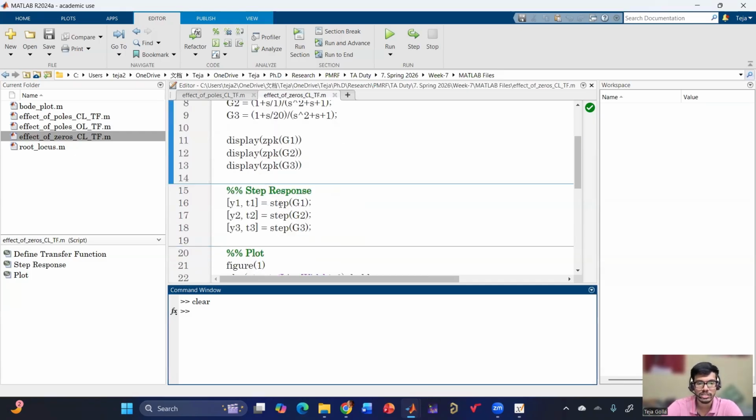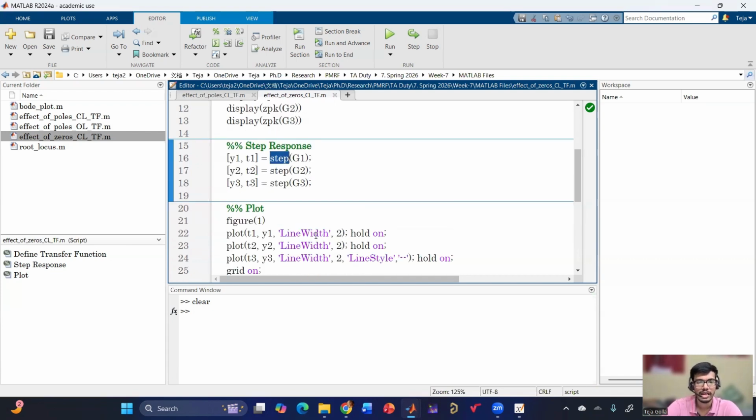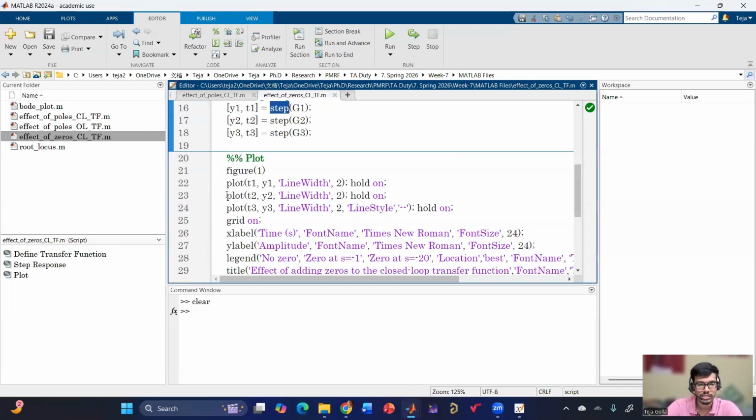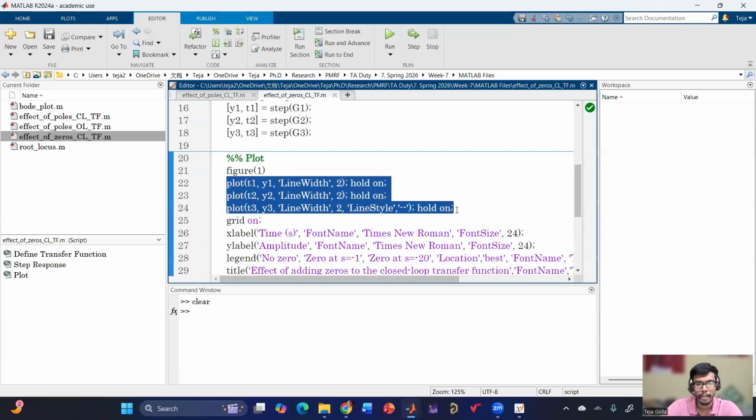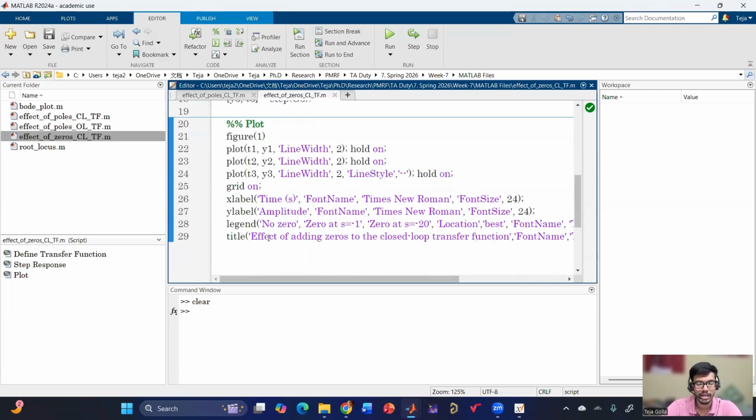There is a command called step, which will give the amplitude data as well as time data, which I'm storing in these variables for each of these transfer functions. Then I'm plotting this in figure 1. These plot commands are to plot it. I'll tell you why I have used a different style for the G3. And then I'm labeling the x label, y label, and the legend also, and then I have added a title.